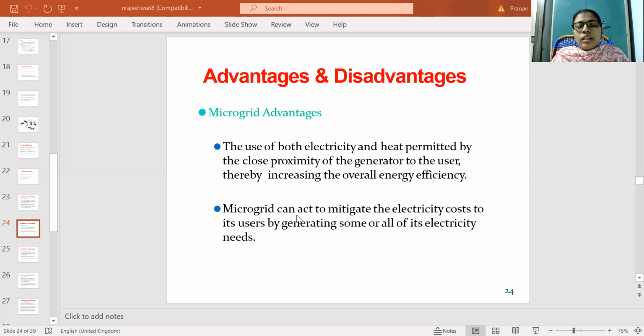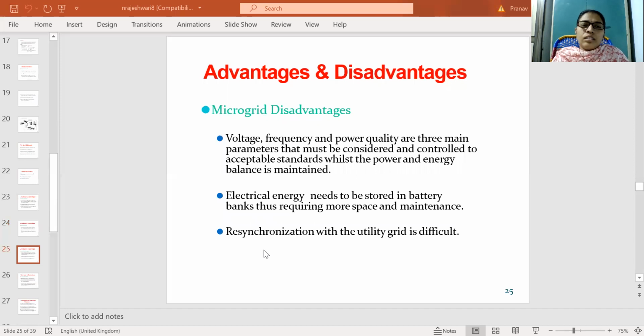And microgrid can mitigate the electricity cost to its users by generating some or all of its electricity needs. So these are the advantages of microgrid.